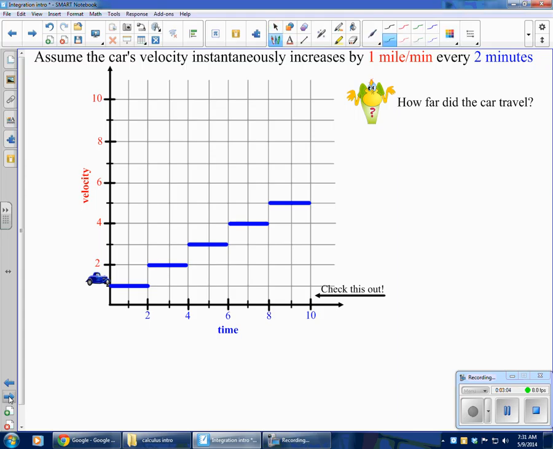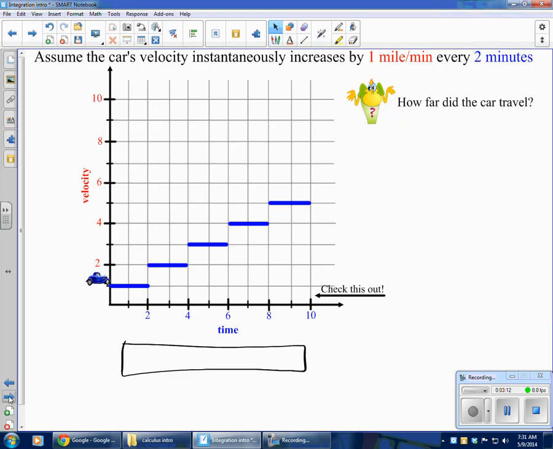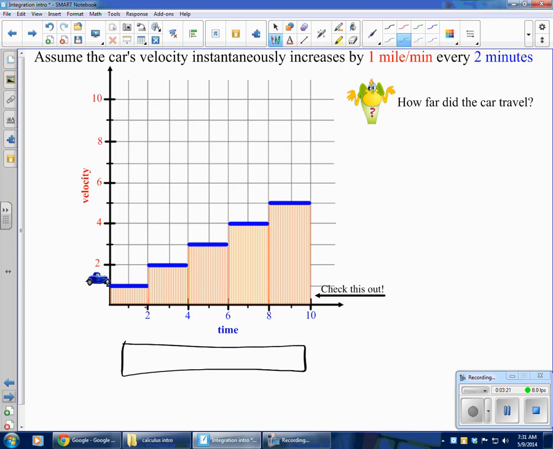So how far did the car travel? Well, I don't just have a single rectangle, but if I find the area underneath all of these little blue line segments, basically it's a bunch of individual rectangles. Again, each rectangle has a base, that's the time, and a height, that's the rate. So the area of the rectangle is the rate times the time, which is, therefore, the area is the distance.